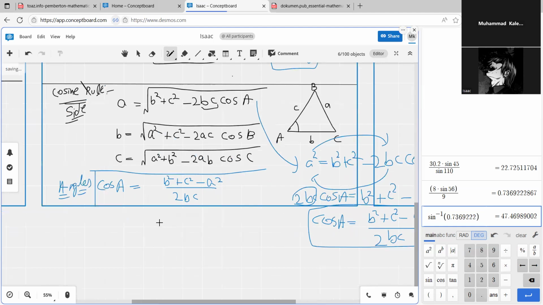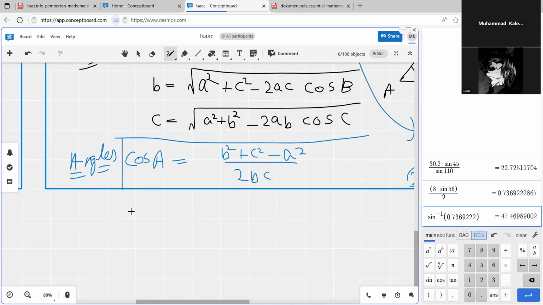The other formulas you can generate from here. If cos B is required, look, when the angle A was required, we just took away the side A, and in the denominator we have sides b and c. So for B, we have to say a square plus c square minus b square.